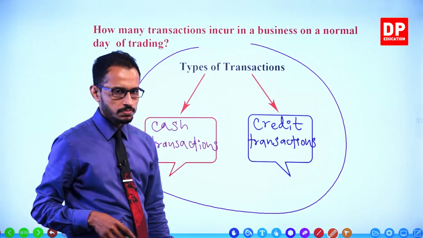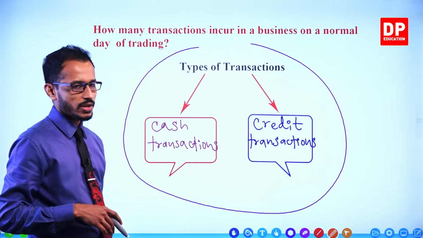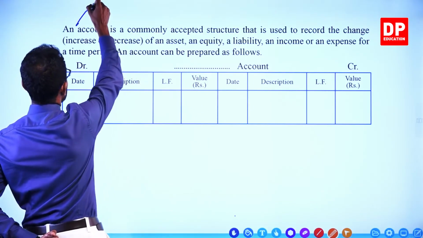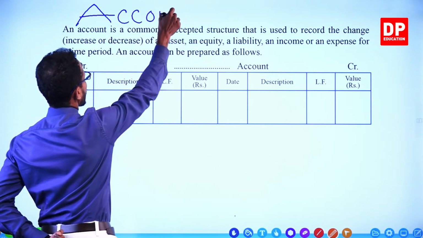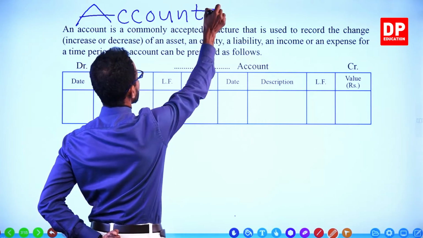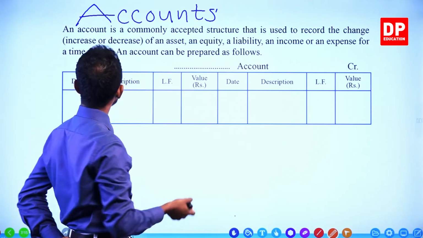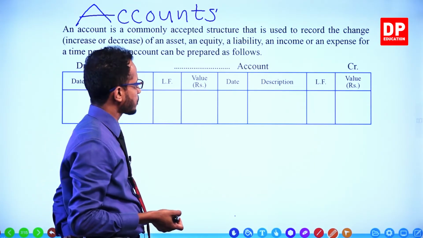Keeping that in mind, we'll go and check how these transactions are recorded. We should record transactions in accounts. How cash transactions and credit transactions are recorded in accounts, that's what we are going to learn here.